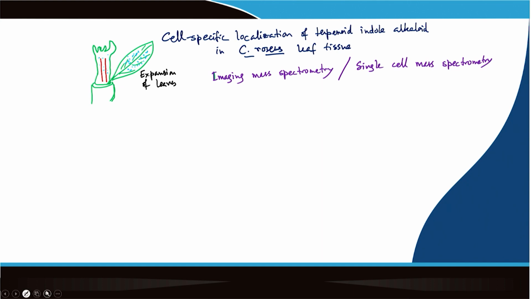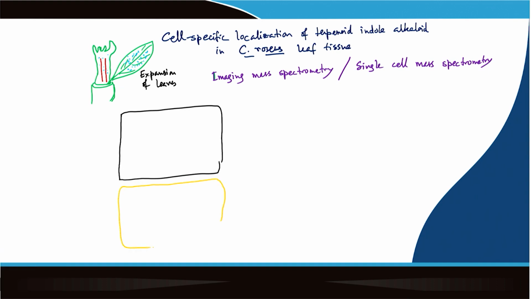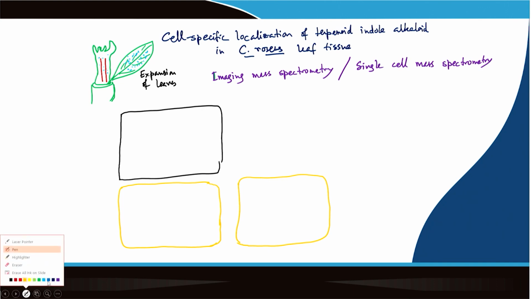So, if I make a drawing, the bottom one I am drawing is basically the idioblast cell, and the top one I am drawing is basically the epidermal cell.